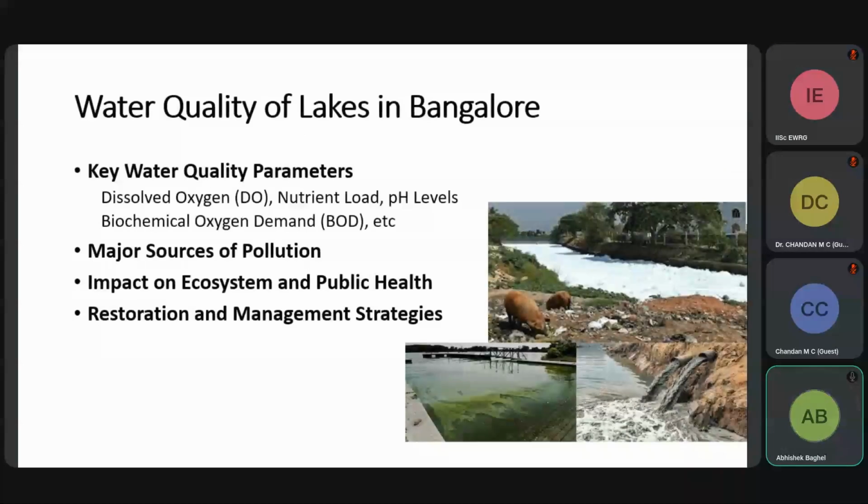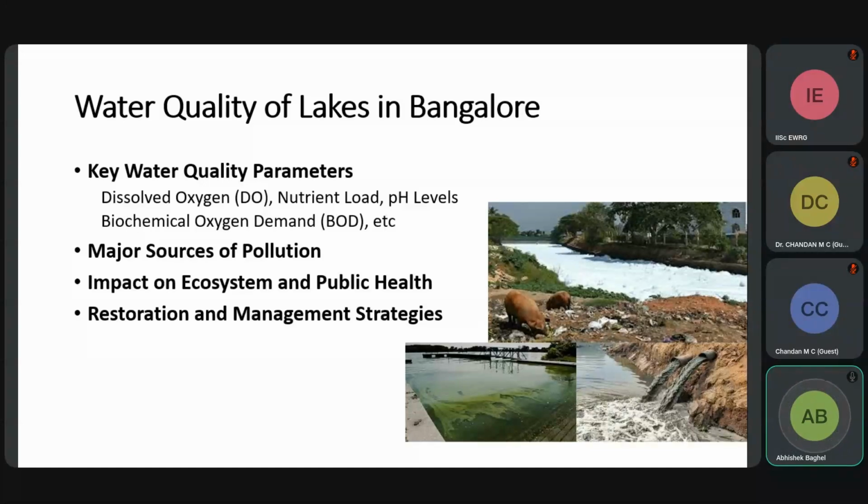Coming to the water quality in lakes, the key parameters are much more than what I have written. This is just some part which I'll explain. Dissolved oxygen, DO, is essential for ecosystem life, aquatic life, and is often low due to pollution.